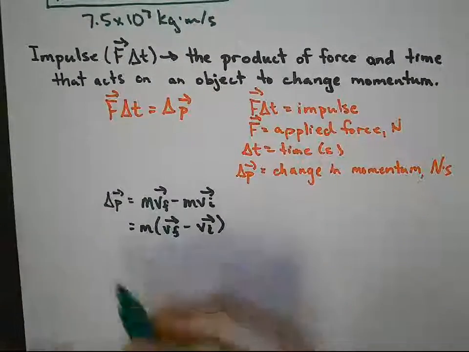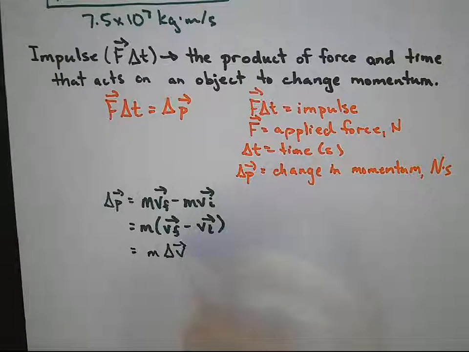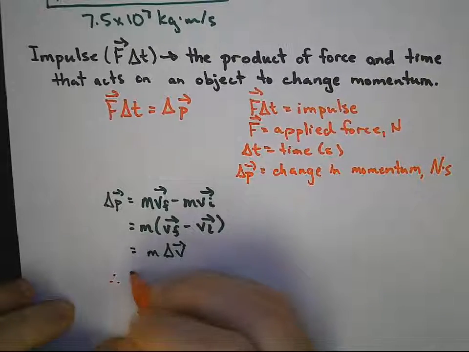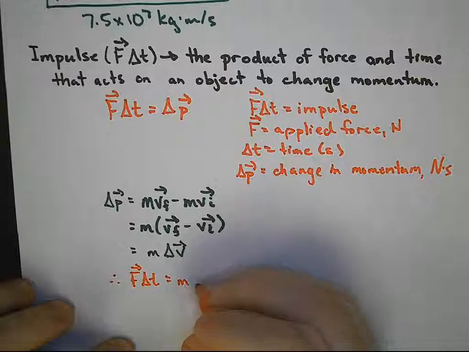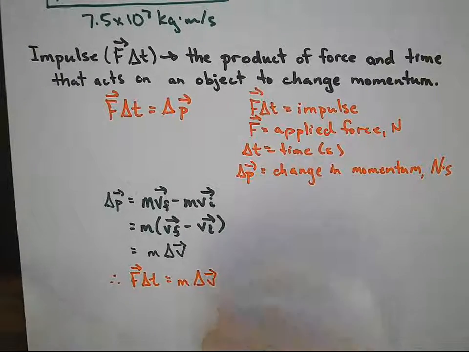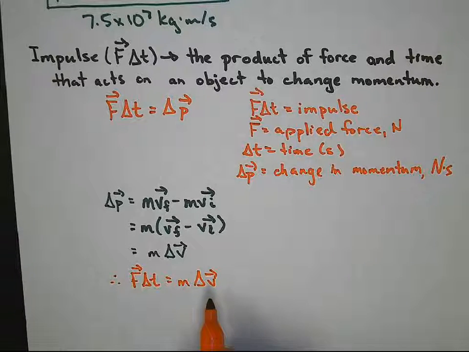So that would be m delta v, change in velocity. So when we think about our impulse, F delta t, that is the same as m delta v. And this change in velocity is merely related to our acceleration. So this is an extension of Newton's second law.